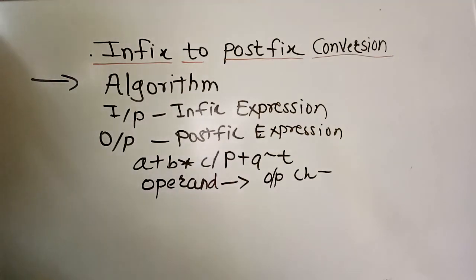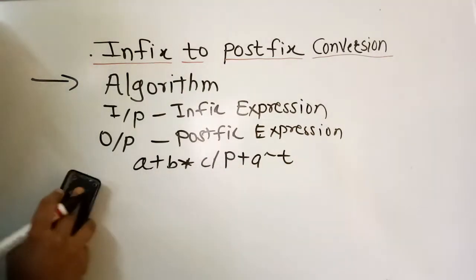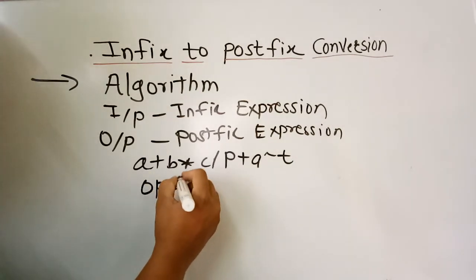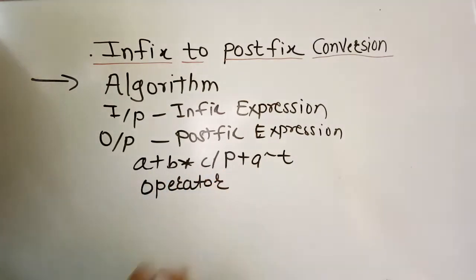Second, if that character is an operator, meaning plus, minus, multiply, and so on, then we have to perform many algorithmic steps to evaluate this character. That is, check whether there is any operator already present in the stack or not.